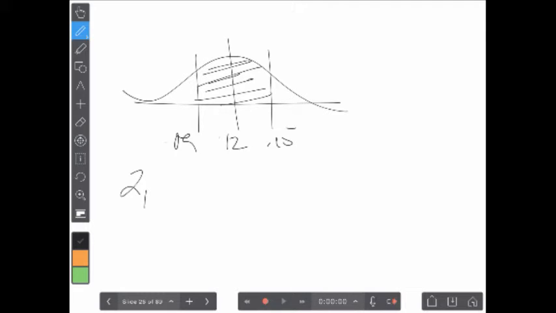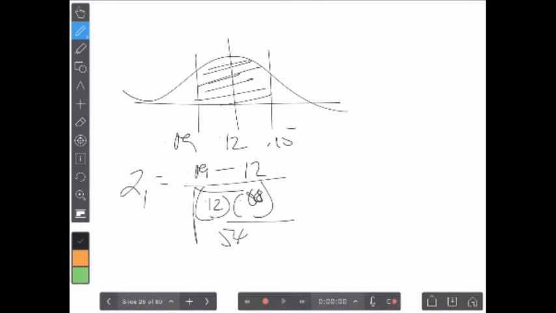Z1 would be 0.09 minus 0.12 over the standard error, which is the square root of 0.12 times 0.88 divided by 540.